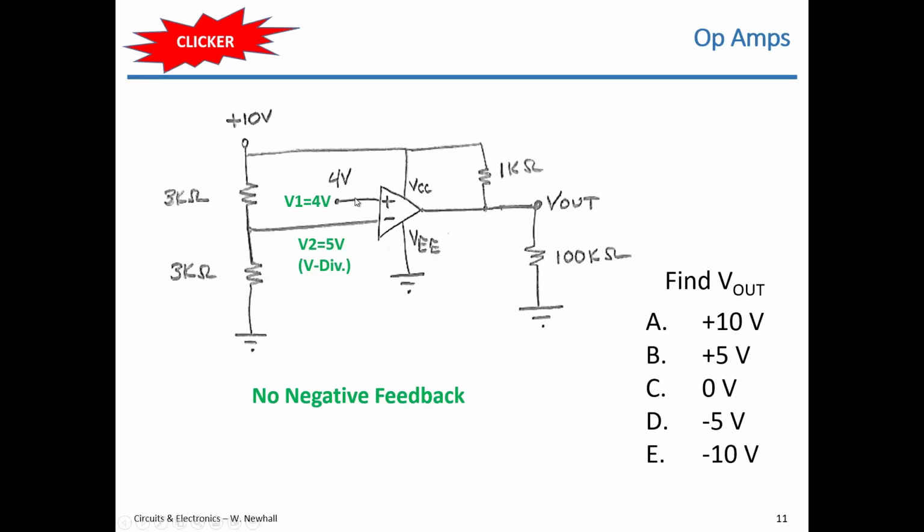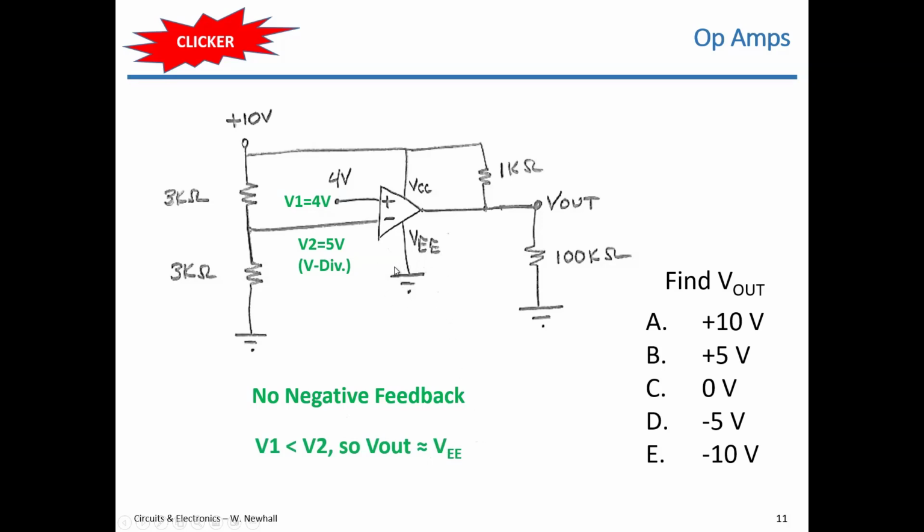Remember that you're comparing the voltage at the non-inverting input to the voltage at the inverting input. This is V1, this is V2. If V1 is greater than V2, the output is VCC approximately. If V1 is less than V2, the output is VEE. This is the case where V1 is less than V2, so the output is VEE.